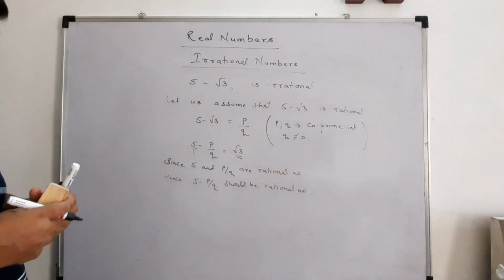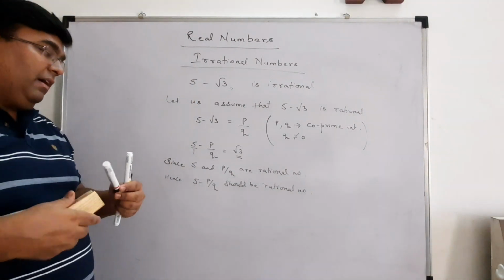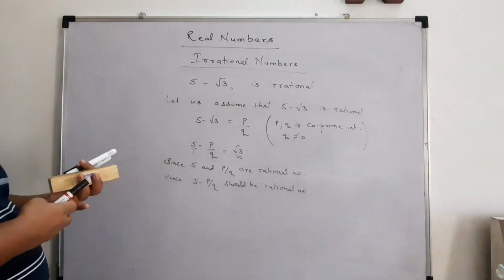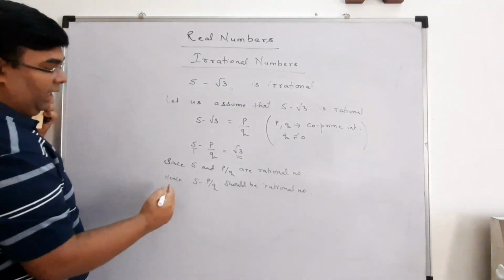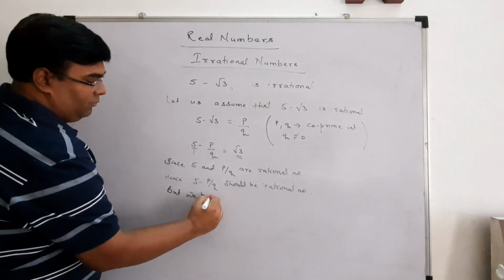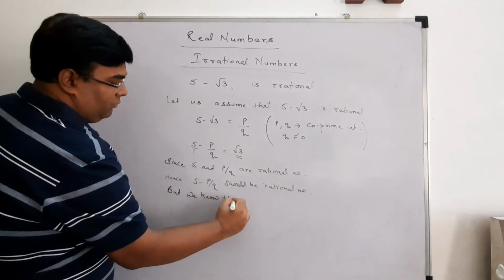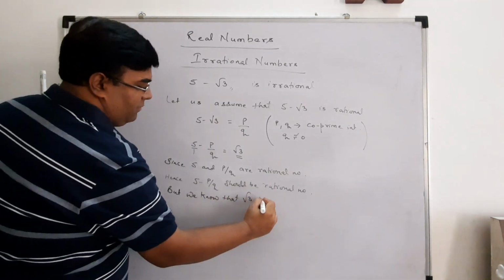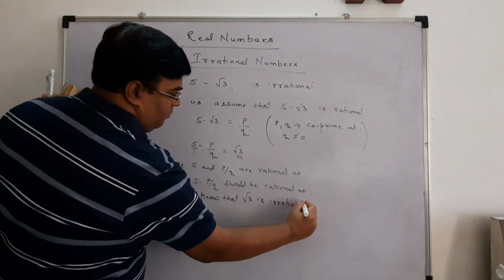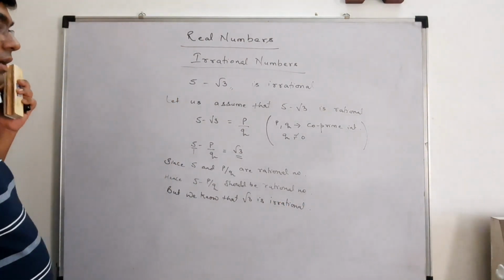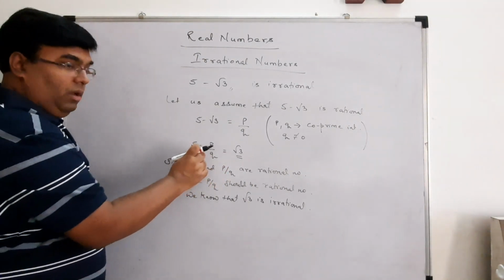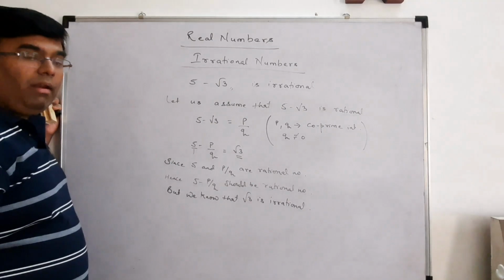Since 5 and p by q are rational numbers, our 5 minus p by q should also be a rational number, right? But we know that root 3 is irrational, correct? On left hand side we are getting rational, however right hand side is irrational.